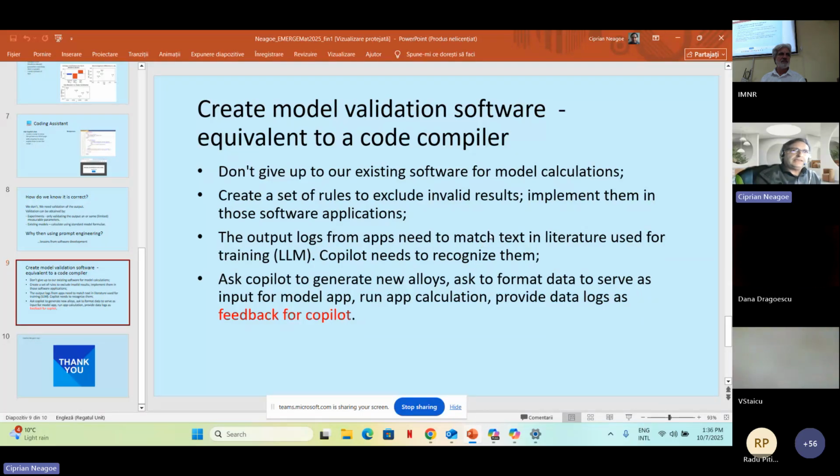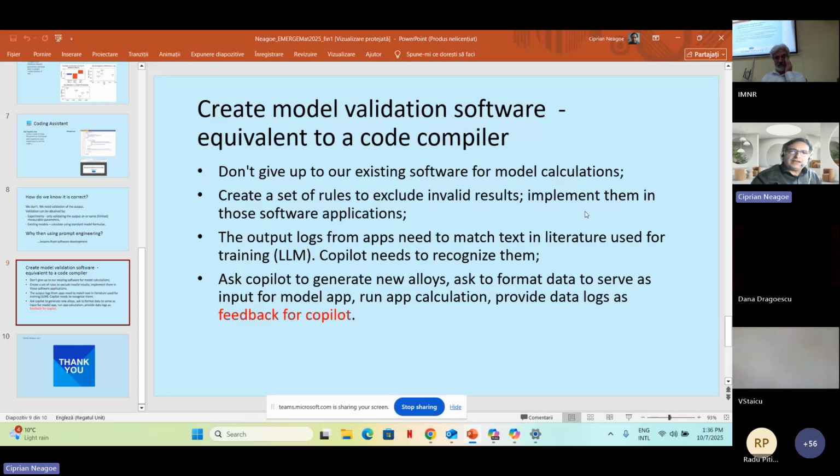But to correct, it needs to refer to something that it knows as terms from the literature. So if you provide the output of a normal calculation model as feedback for the agent, you need to log those validity rules in a way they are implemented in literature. And for that, you can also ask Copilot. So it's a closed circle.